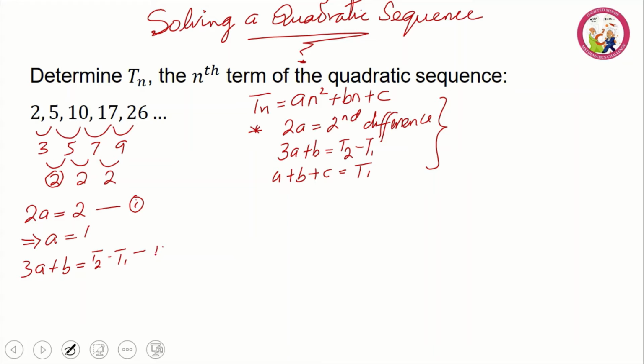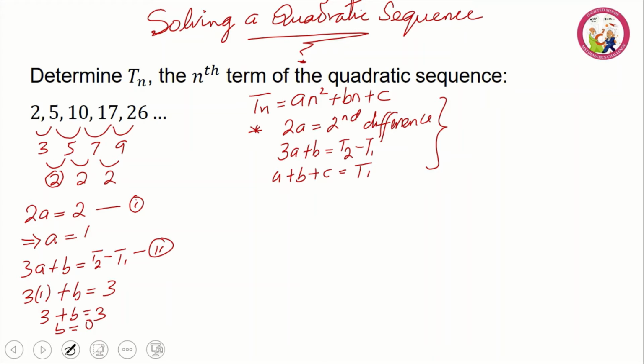We've solved for the value of a as 1, so let's substitute: 3 times 1 plus b equal to t2, which is 5, minus t1, which is 2. So 5 minus 2 is 3. There we go. 3 plus b equal to 3, and therefore b is equal to 3 minus 3, which is 0. So the value of b is 0.